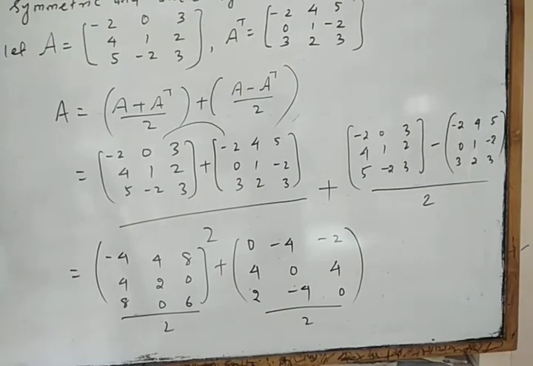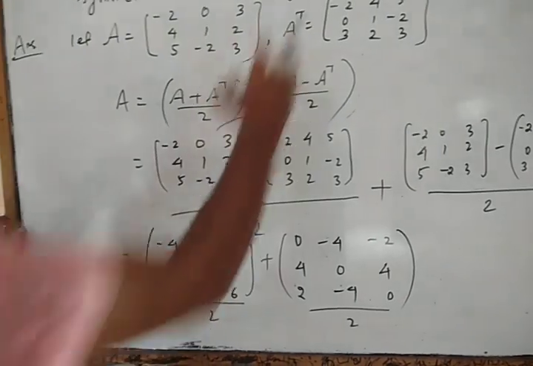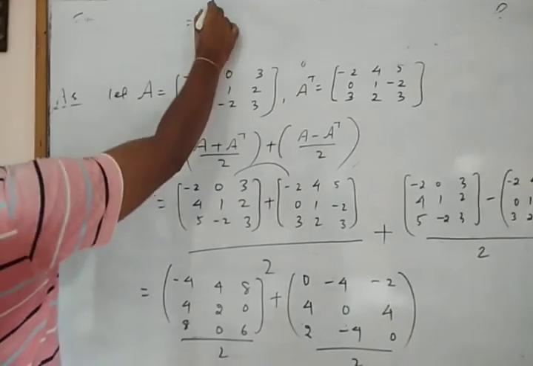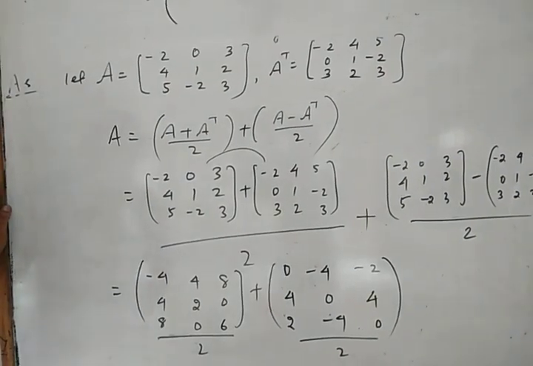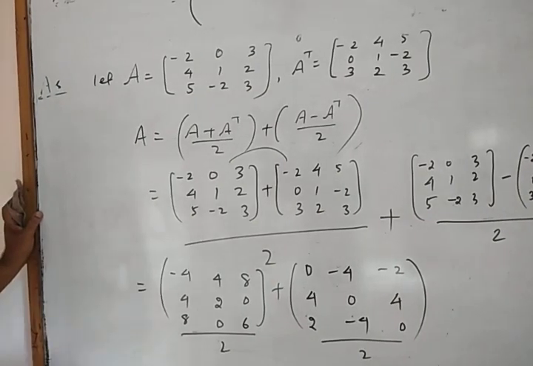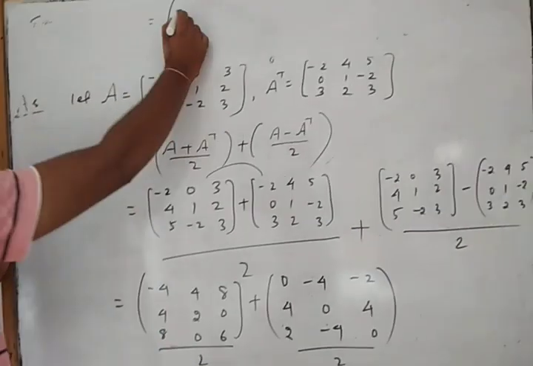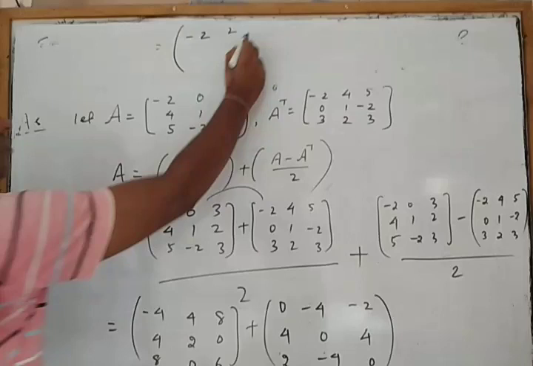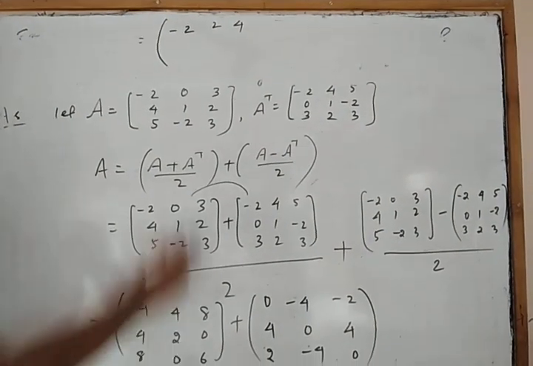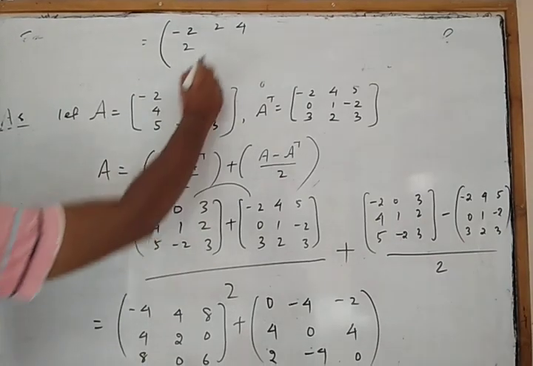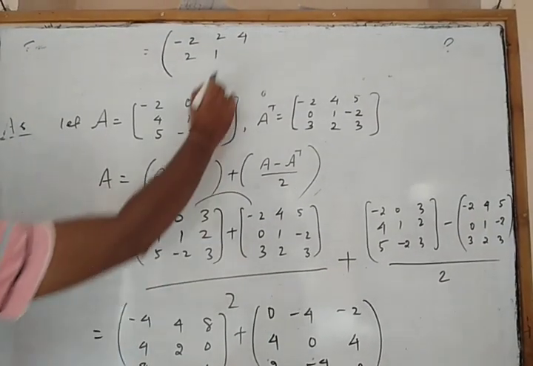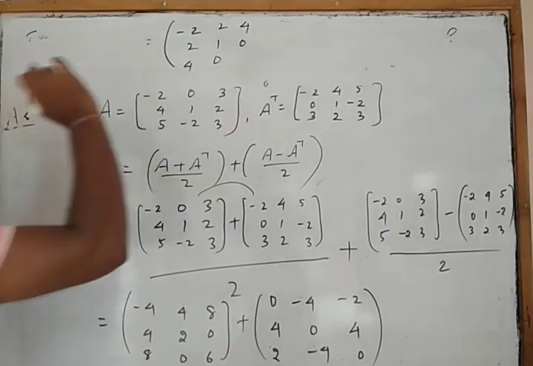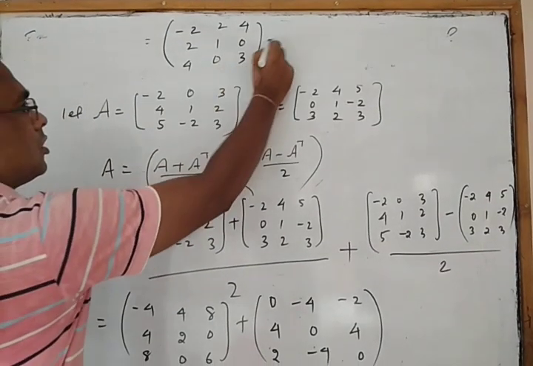So this is equal to, you have to divide each element by 2. -4 by 2 is -2, 4 by 2 is 2, 8 by 2 is 4; 4 by 2 is 2, 2 by 2 is 1, 0 by 2 is 0; 8 by 2 is 4, 0 by 2 is 0, 6 by 2 is 3.